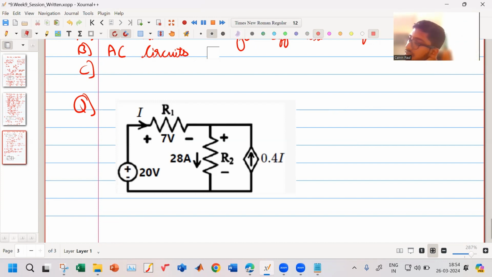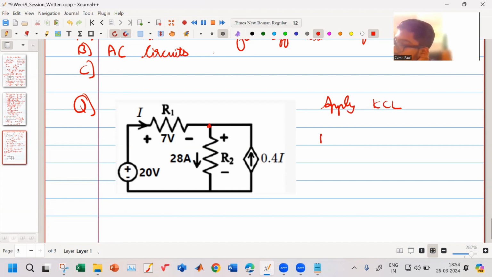Take a node voltage. Sir, I plus 0.4 I is equal to 28 amperes. It is given. The thing is, we just apply KCL.